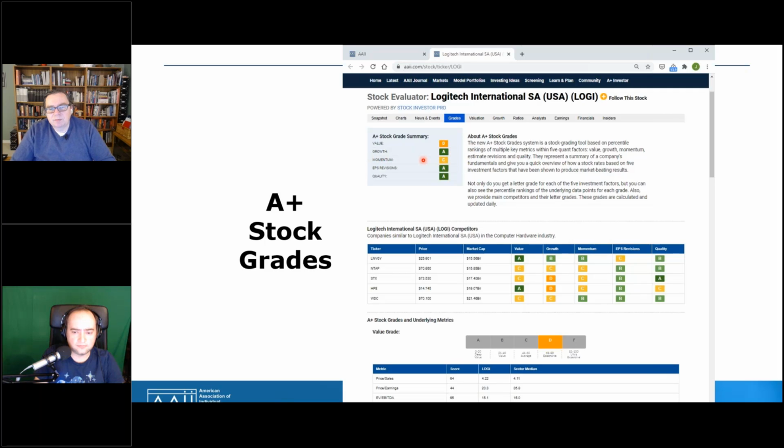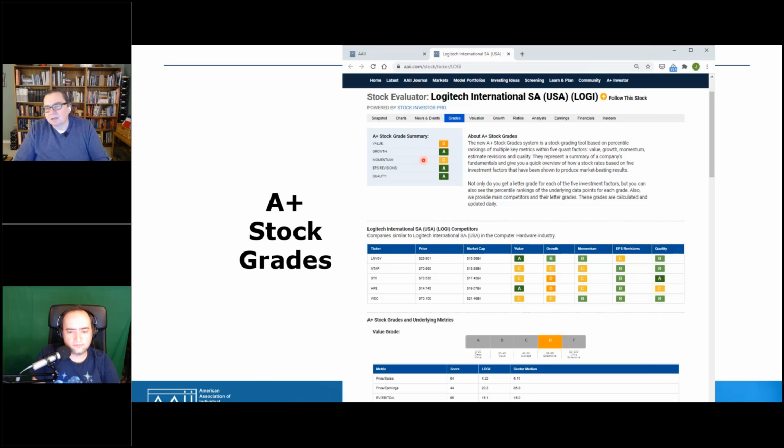Its price momentum is a weighted 4-quarter price momentum element. Earnings estimate revisions take into account both surprise and changes to revisions, and quality is for its most recently reported financials. So it's data as of today. Some of these factors, like value, consider the current price relative to things such as earnings or book value. Growth looks at historical growth in terms of earnings and sales and things like that.